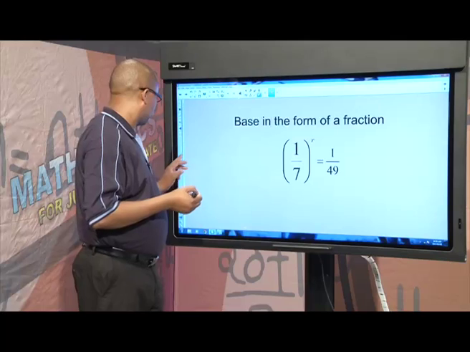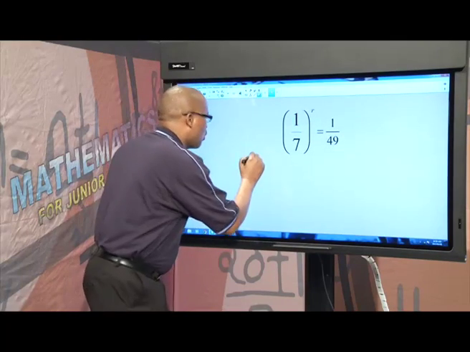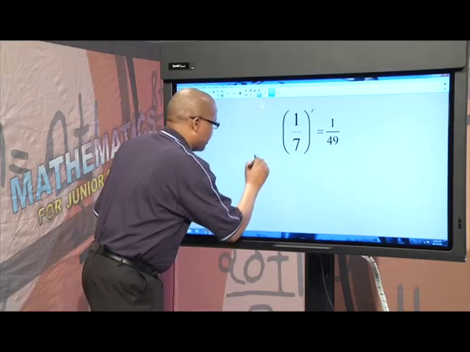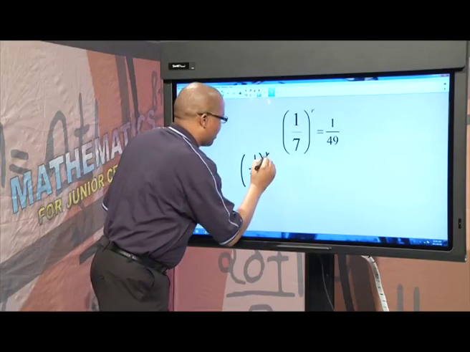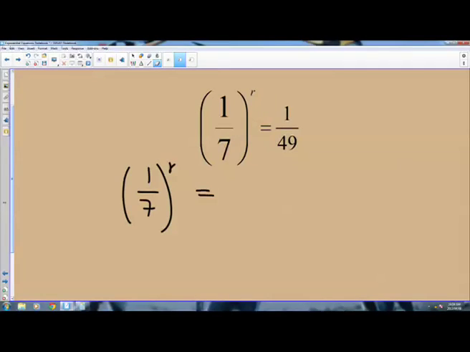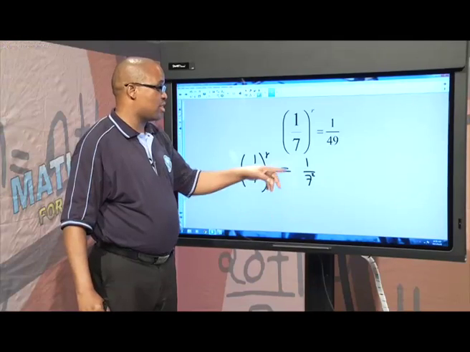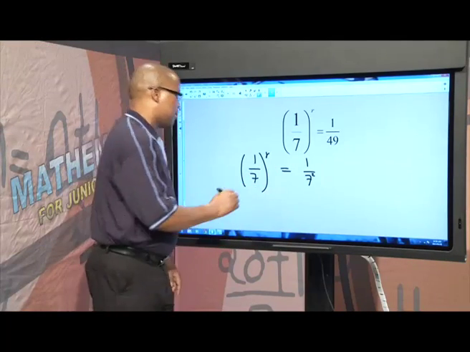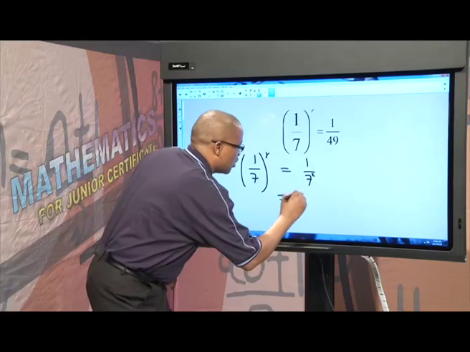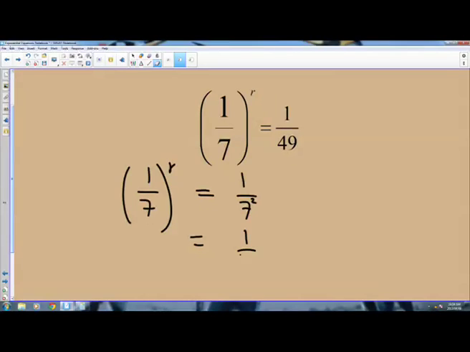It's simple. 1 over 7 raised to the power r equals 1 over 7 squared. 49 is 7 squared. So we can write 49 using base 7, and that will be 7 squared. This then will be 1 over 7 all squared.